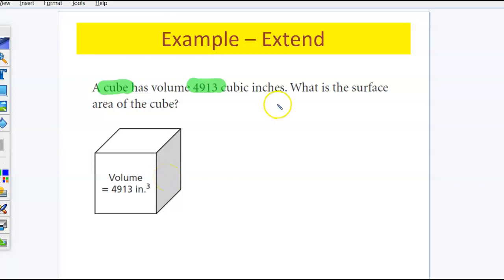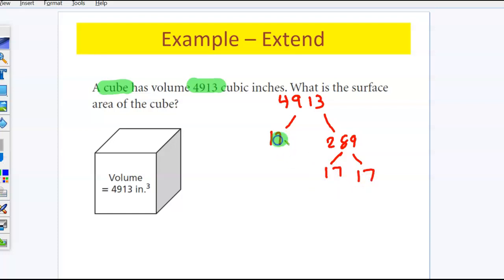Okay, so if we take 4913 and we break it down into its factors, we should be able to find its perfect cubes. Okay, so I'm going to break down 4913, and that works out to be 17 times 289, and 289 also breaks down into 17 times 17.